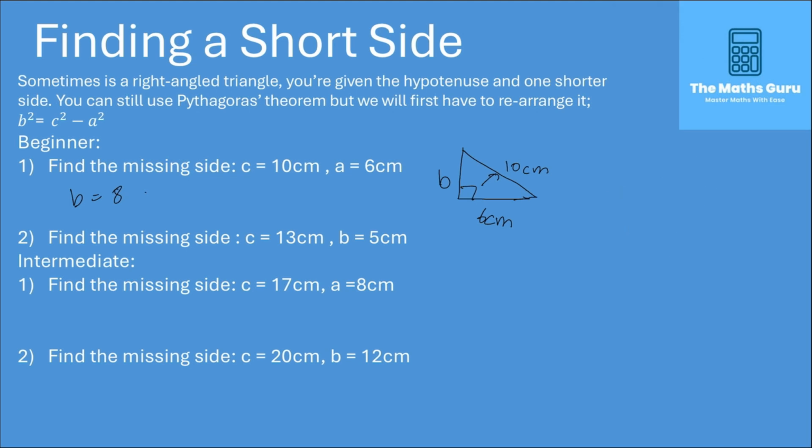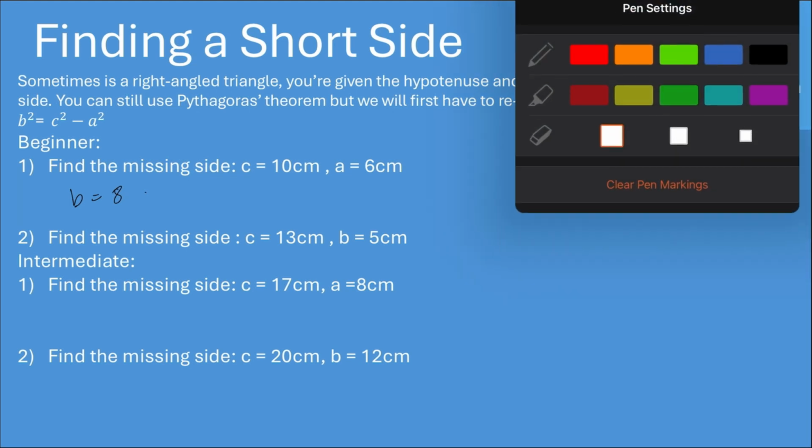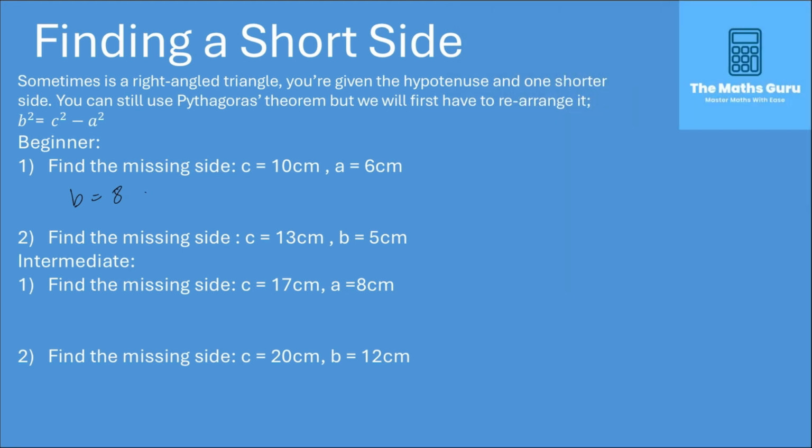Okay, let's move on to the second question. Find the missing side. c is equal to 13, b is equal to 5. I'm just going to fly through these questions now because I think we're probably in a good space with them. We'll call this side 5 centimeters again, and to work out our a here, we'll say c squared minus b squared is equal to a squared.